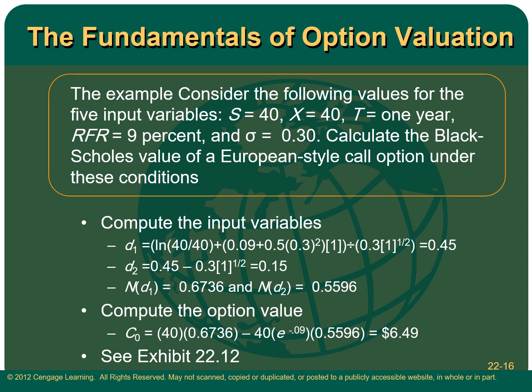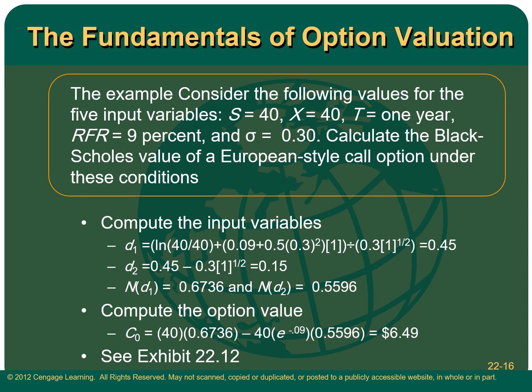To find N(D1), from the equation or from the table of normal distribution, N(D1) is 0.6736 and N(D2) is 0.5596.